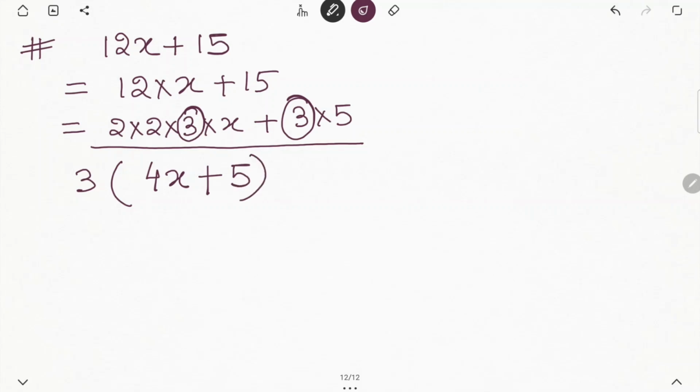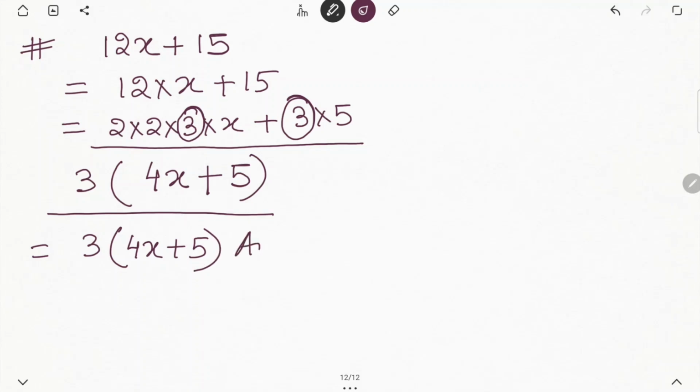This is how I take out the common factor, and as you got the answer in product form, I can say that the factors of 12x plus 15 are 3 into 4x plus 5. Now, if you want to know whether your answer is correct, you just need to multiply this and see whether you get the original expression.